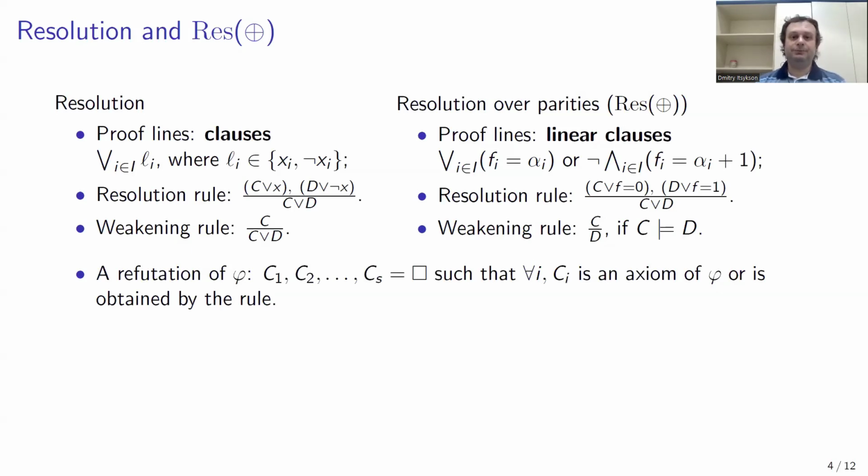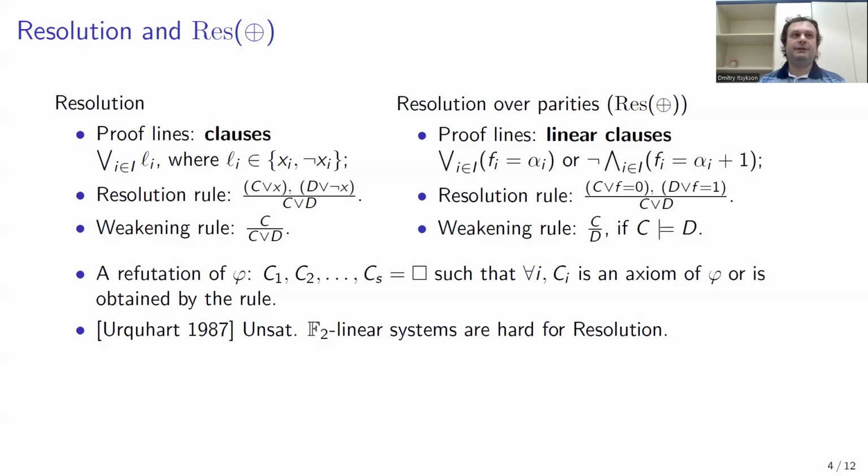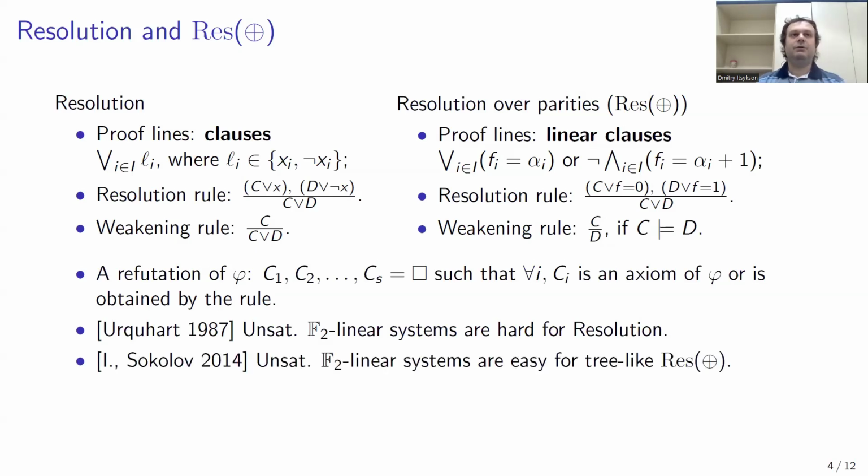In 1987, Urquhart showed that there are unsatisfiable F2 linear systems that require exponential resolution proofs. And it's rather easy to see that all unsatisfiable F2 linear systems are easy for resolution over parities, and it is true even in the tree-like case.